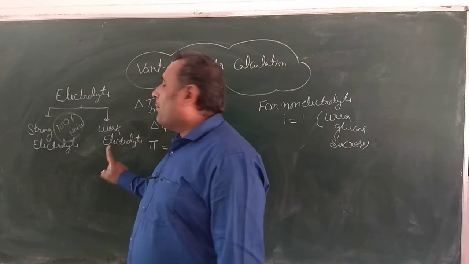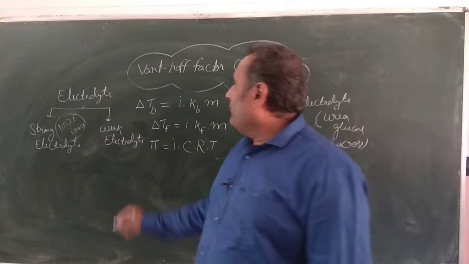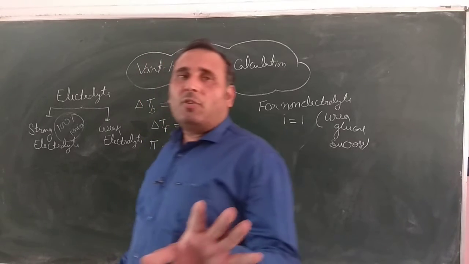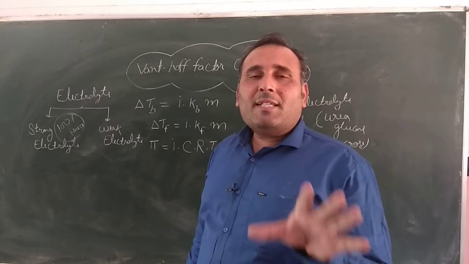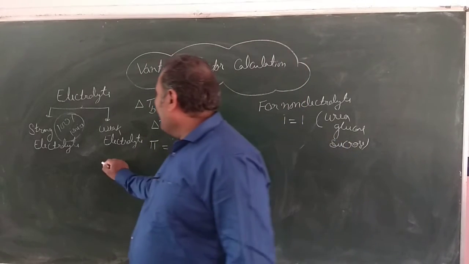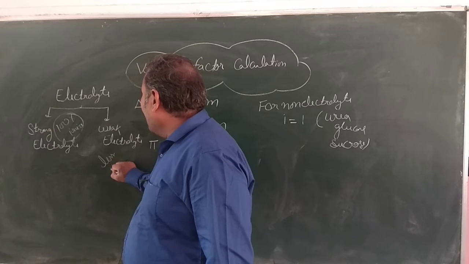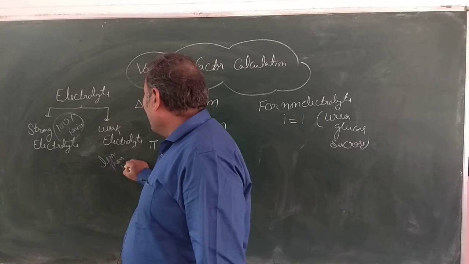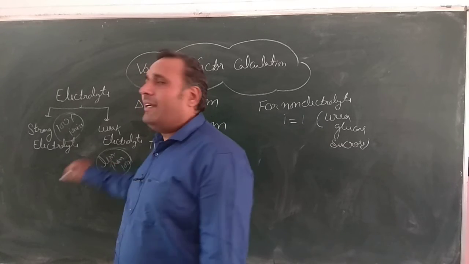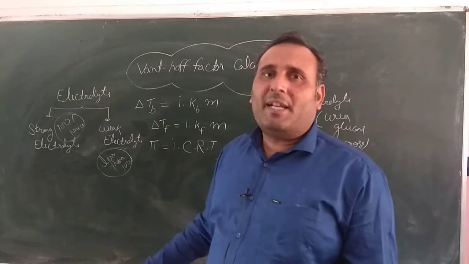But when we are talking about weak electrolytes, they are electrolytes which are less than 100% ionized. It may be 90%, 80%, 70%, 95%.